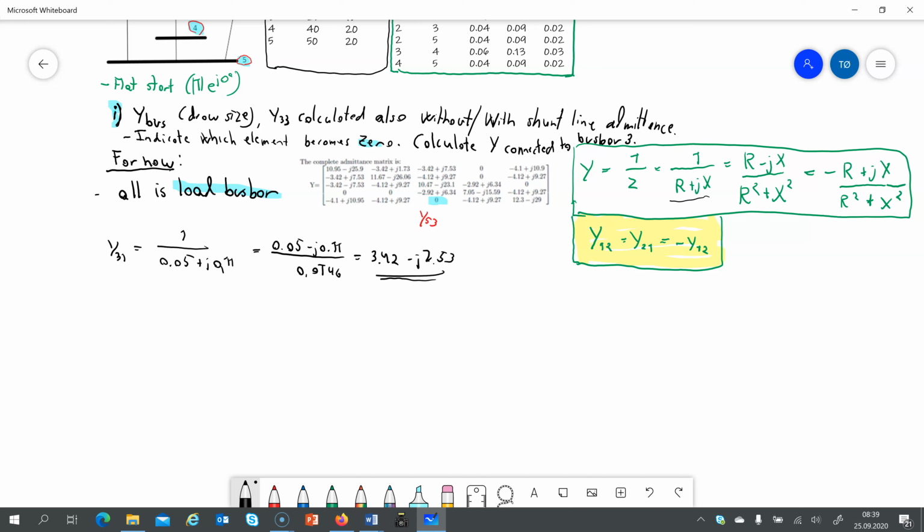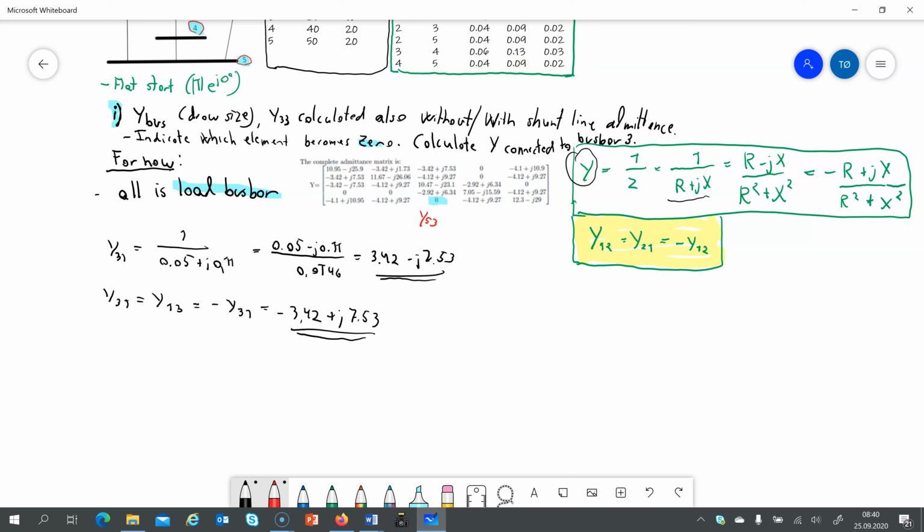Then you can use this relationship as you see here. Now you also know that the off-diagonal elements should be negative, so we can say that Y31 equals Y13 equals minus 3.42 plus j7.53.